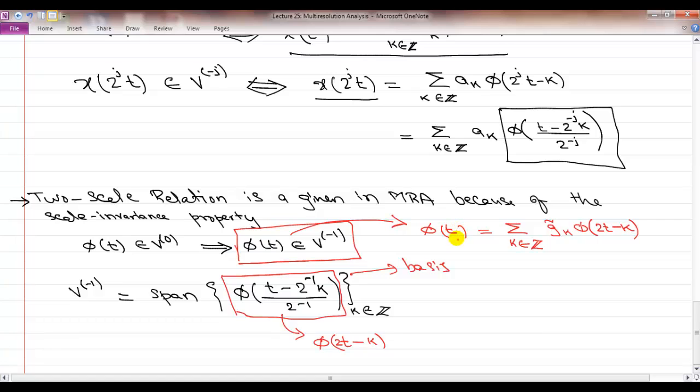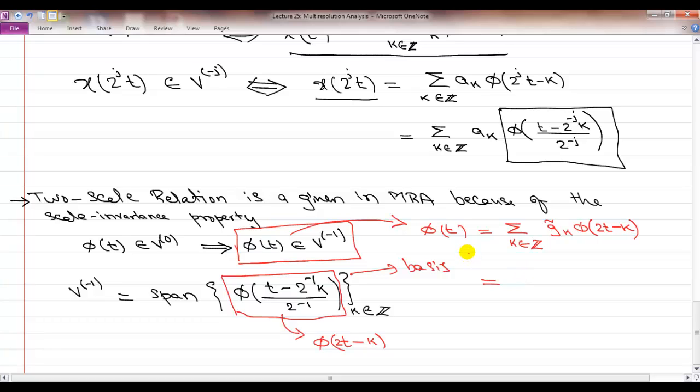Phi at scale 0, or 2 to the 0, is given by a linear combination of phi's at scale 2. And we will find out what these g tilde k's look like. Now, in keeping with our earlier notation, we want to write it as the normalized version.